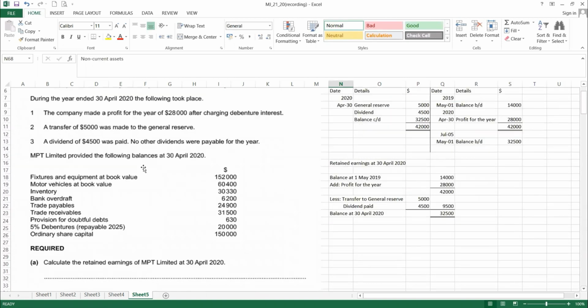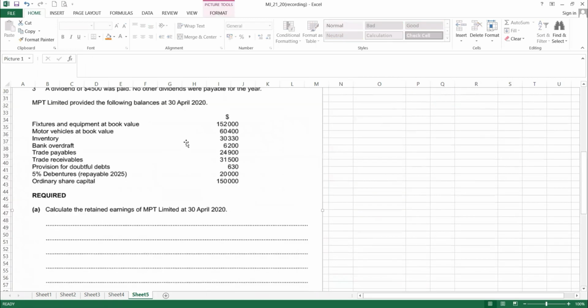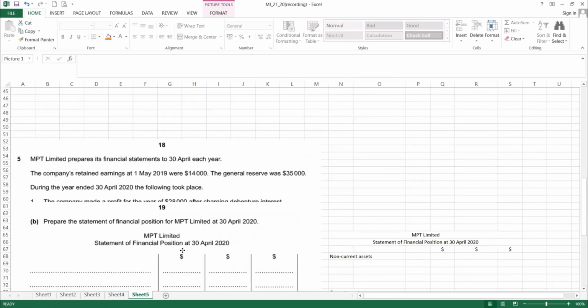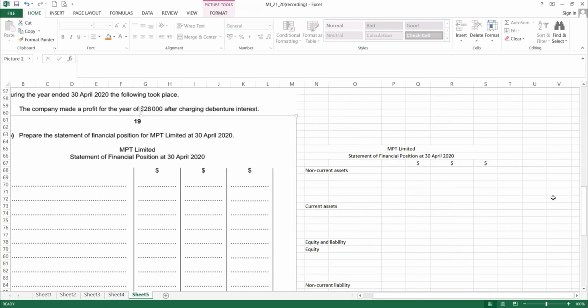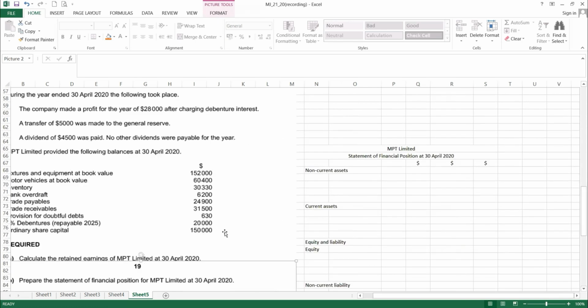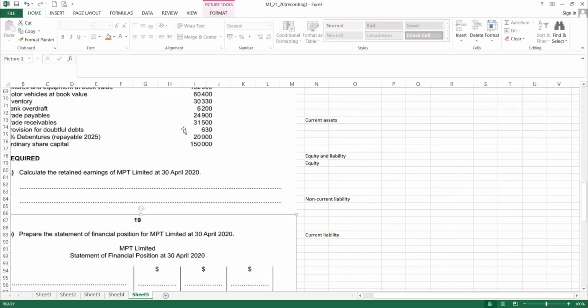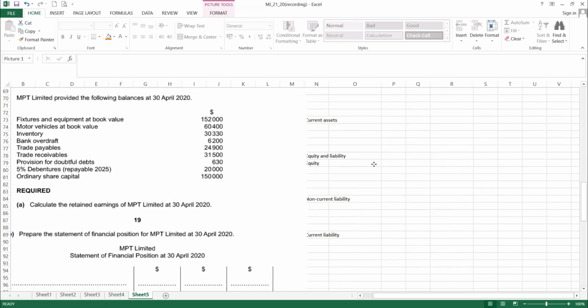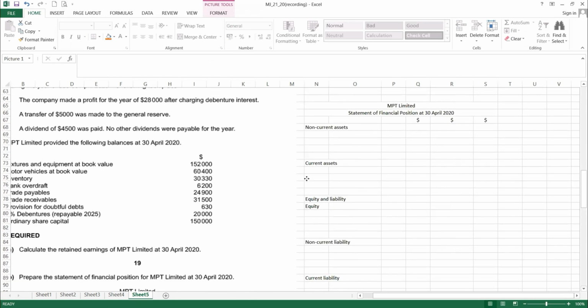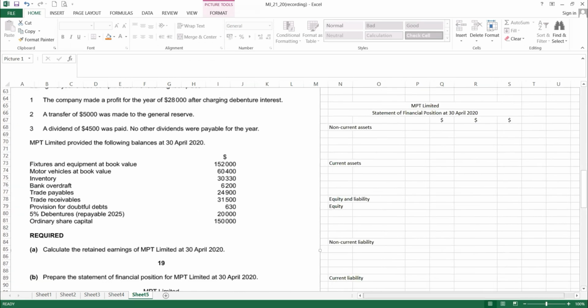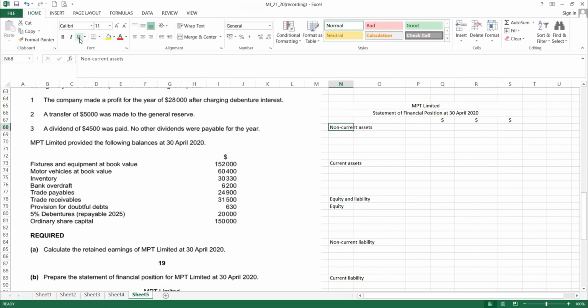Okay, let's check. I bring this down so that it is easier for me to do. Okay, so this one, move it to here first. Give me a minute. Okay, so this is all the information that we have. Let's see what are the non-current assets that we have.